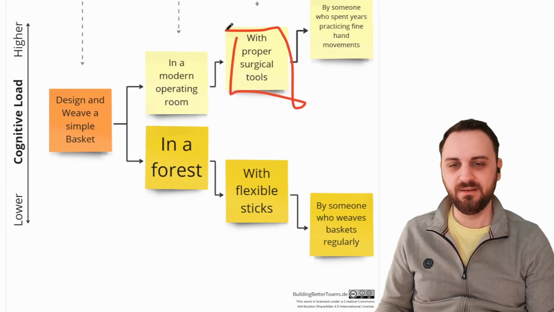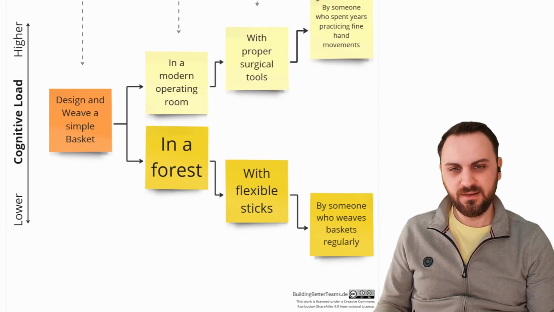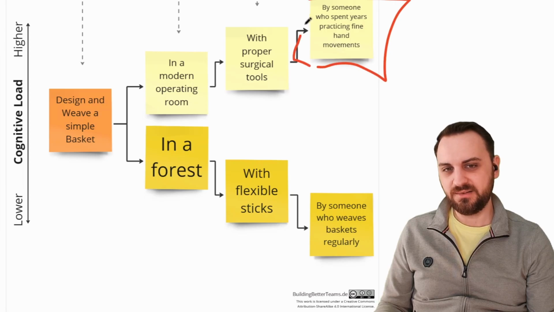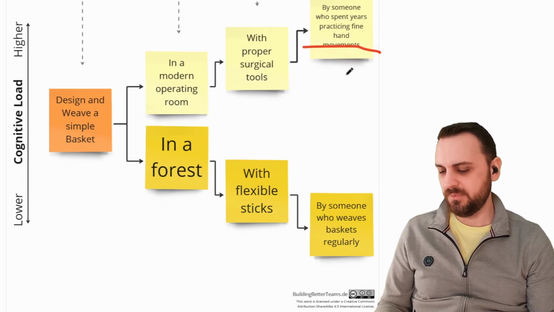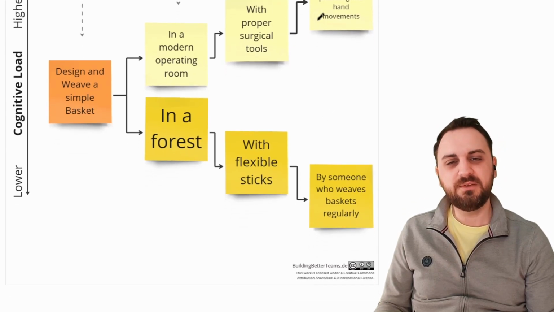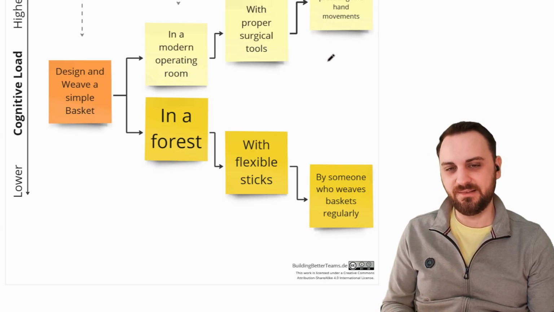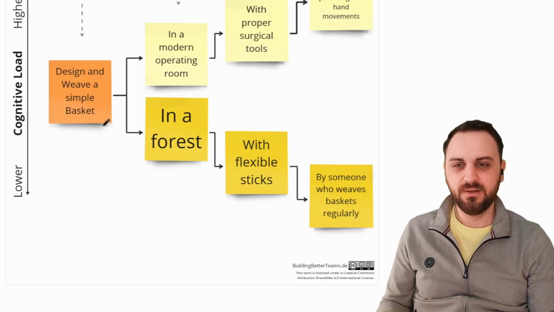To weave a basket with scalpels and clamps and things like this, by somebody who spent years practicing fine hand movements, possibly not a huge impediment, but it's not conducive to the task necessarily. Maybe for some parts of it, but this brain surgery level detail is not really necessary.